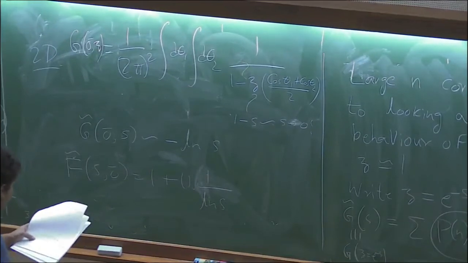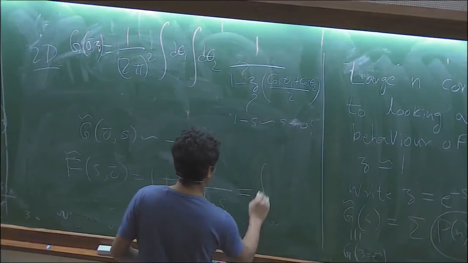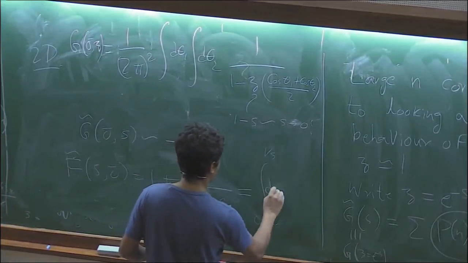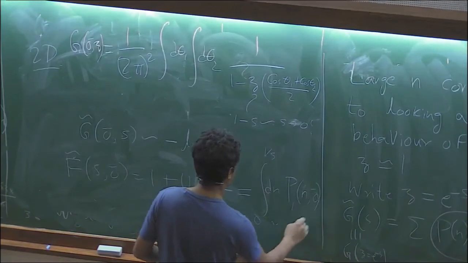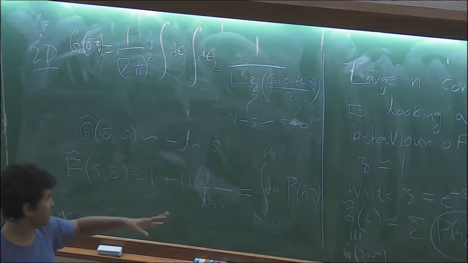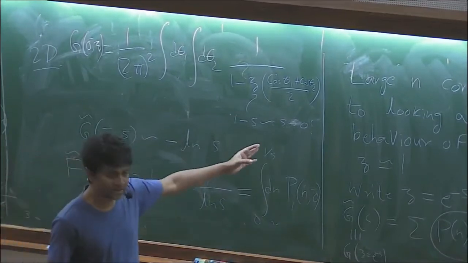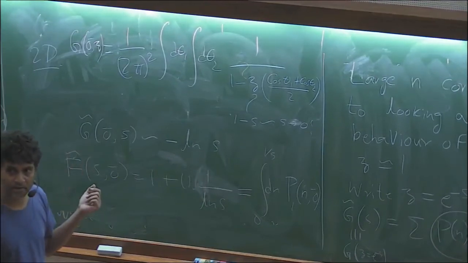Okay, and then we say that this is equal to the integral from 0 to 1 by s of dn p1. Okay, and then again you can do that same trick: take a derivative, put 1 by s equal to n star, and then take a derivative, and then again put n star equal to 1 by s.